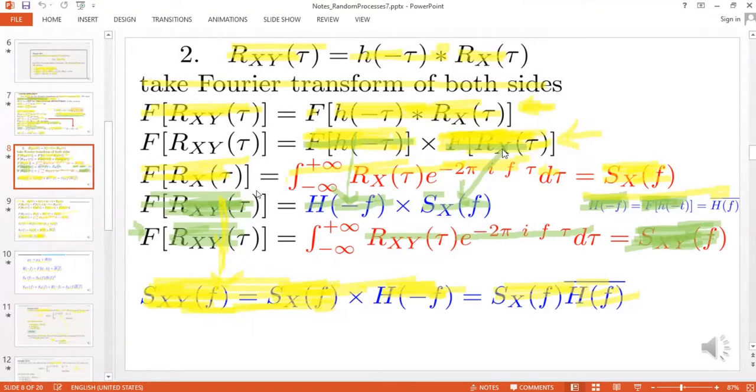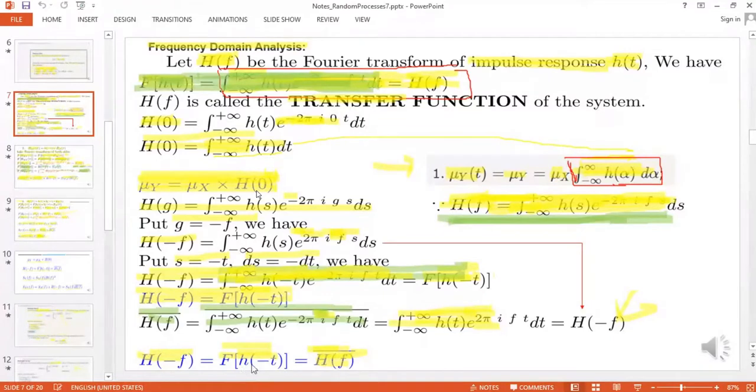You know that R_x(tau) is the autocorrelation function of x, and its Fourier transform is the power spectral density S_x(f). So the Fourier transform of R_x(tau) is replaced by S_x(f). The Fourier transform of h of minus tau we have proved in the previous slide: it is equal to either H of minus f or H of f bar, so we can use any one.